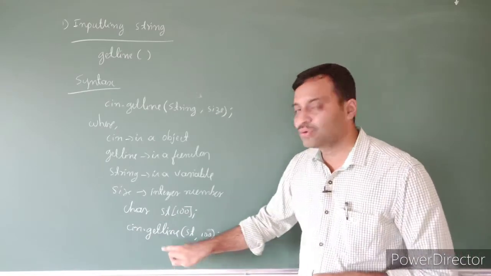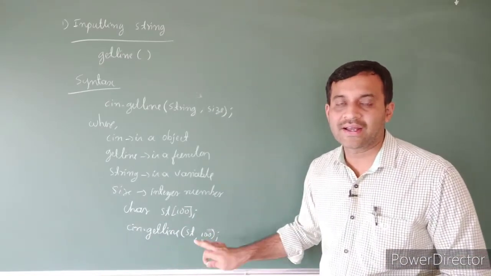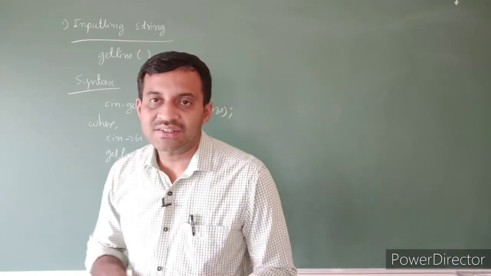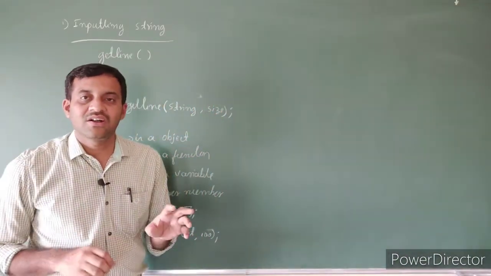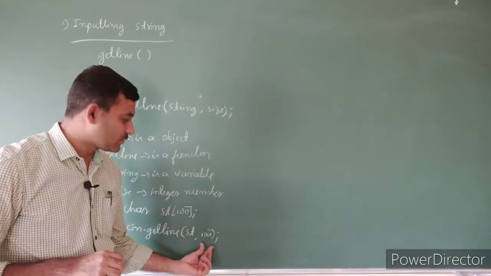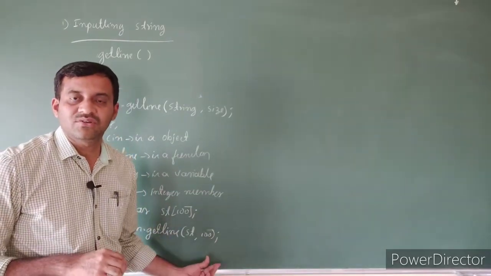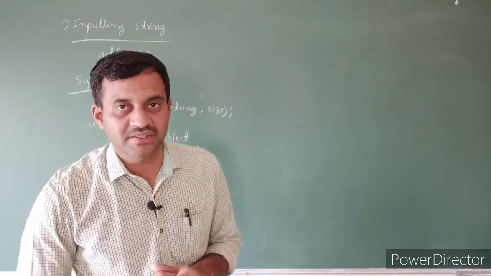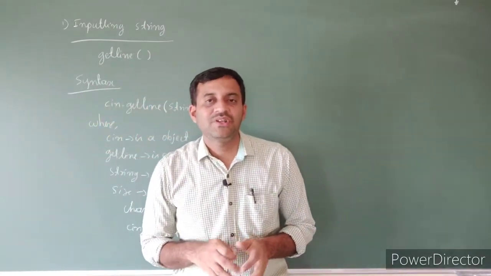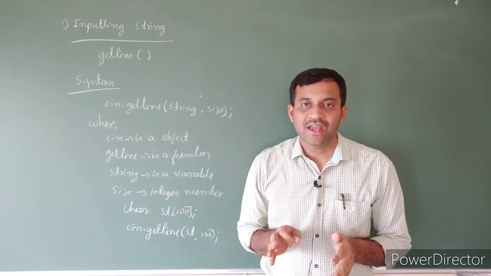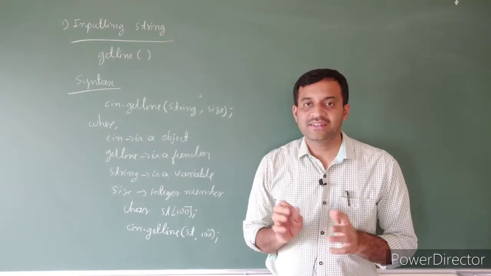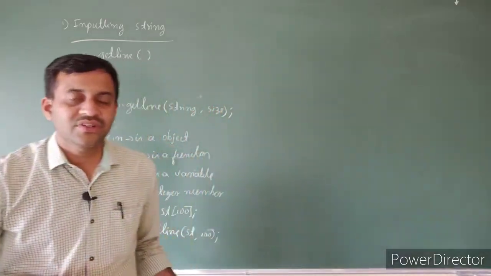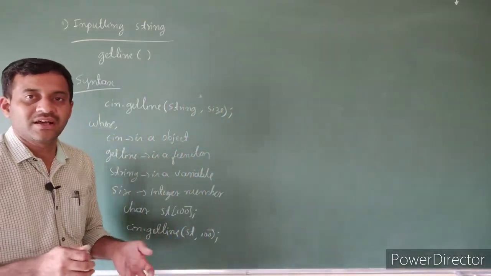See here, there are two conditions to terminate the getline function. The first one is if it reads all the characters equal to the size, then the getline function automatically terminates. Otherwise, if the new line character is encountered, or if you press the enter key, then also the getline function automatically terminates.